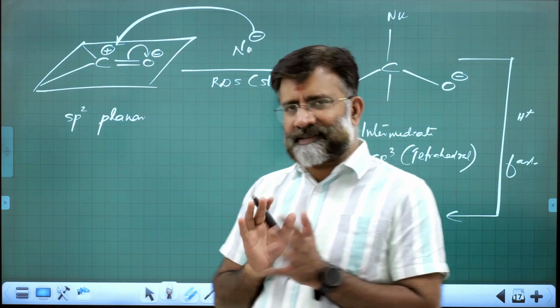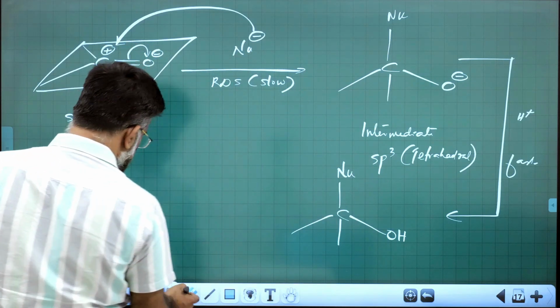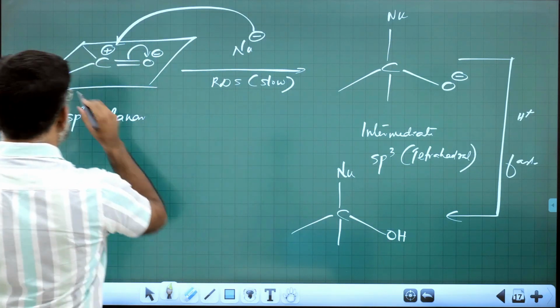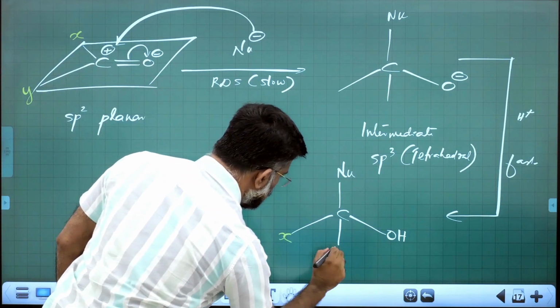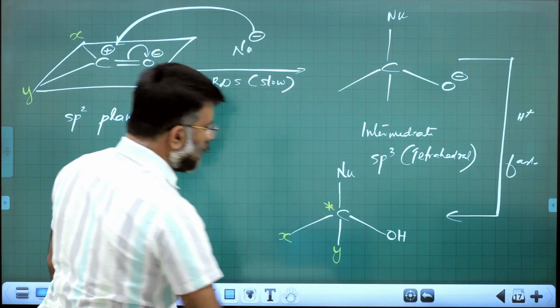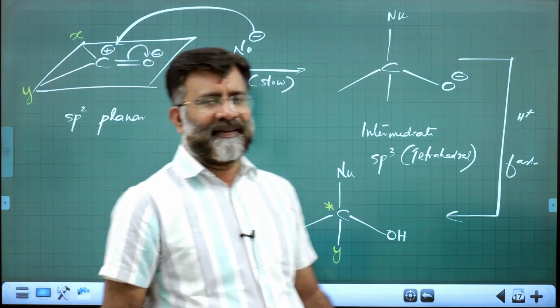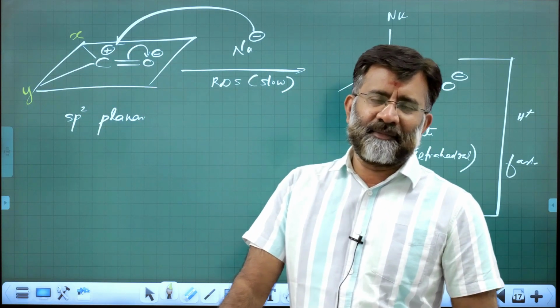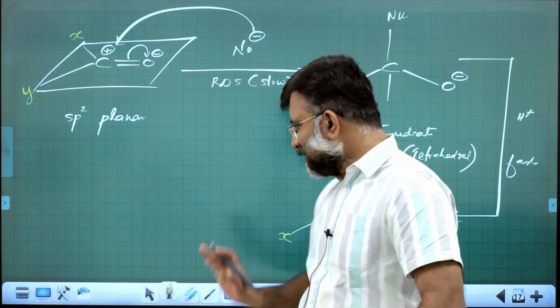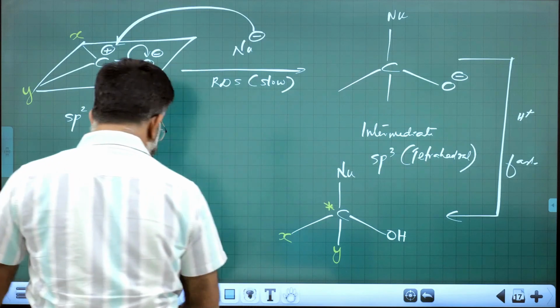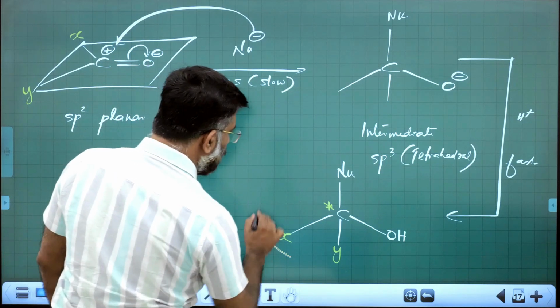And a quite interesting feature, I don't know how many of you may notice: suppose it is X here and Y here, this carbon turns into a chiral center. So what kind of product may we be getting? Are we going to get this compound, or are we going to get this compound?